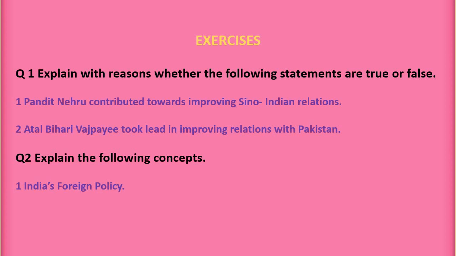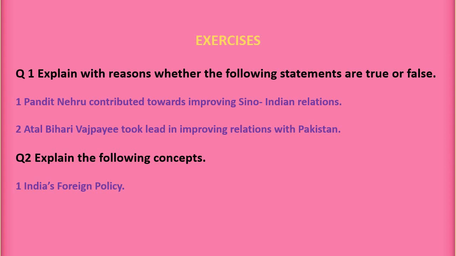Now, the second question is, Atal Bihari Vajpayee took lead in improving relations with Pakistan. Yes, the answer is true. In an effort to develop friendly relations, India and Pakistan started a bus service between Delhi and Lahore when Atal Bihari Vajpayee was the Prime Minister of India. And he also revived the train called Samjhauta Express.